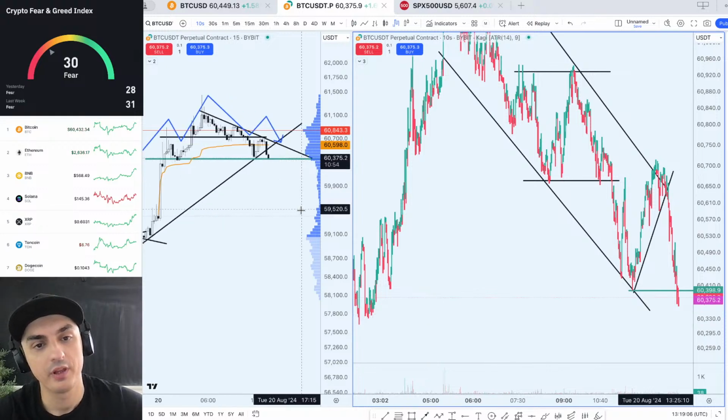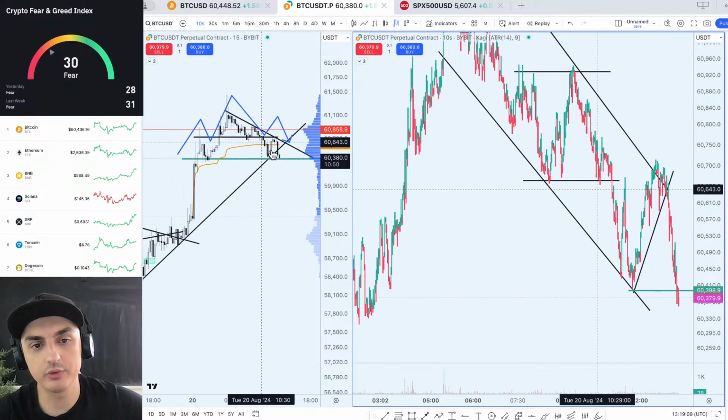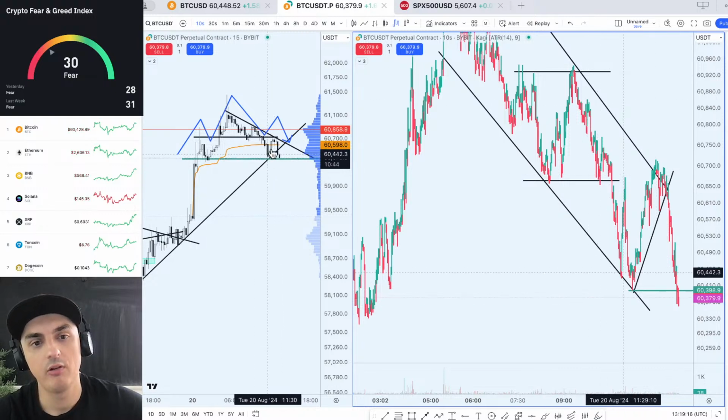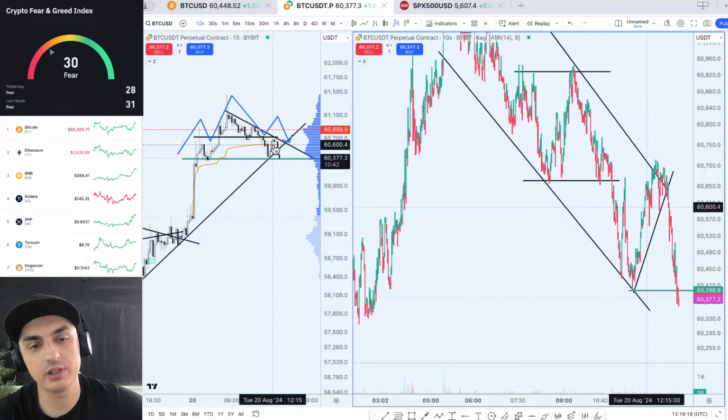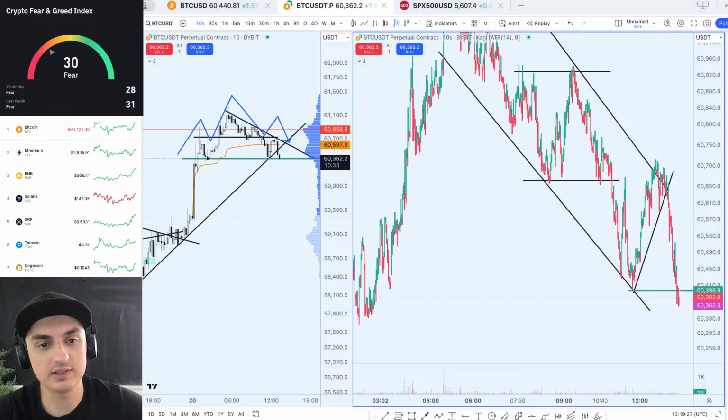What's interesting is that we got a breakout from the VWAP on the 50-minute time frame, then we came back to VWAP, and we're still kind of below it. We rejected from it, so there are opportunities for shorting the market because of these factors.